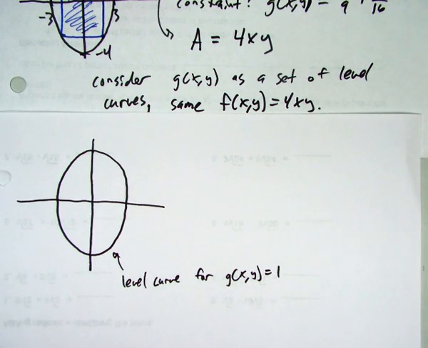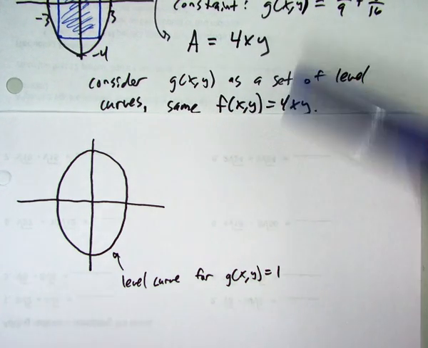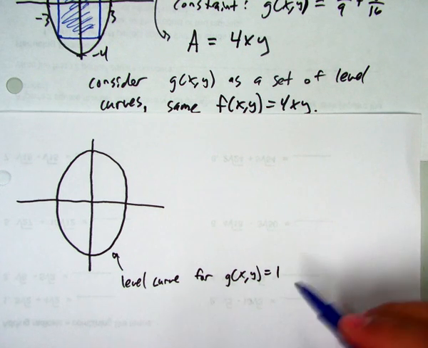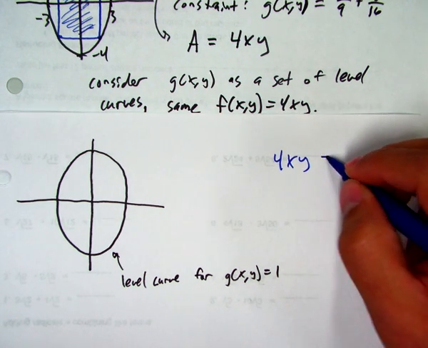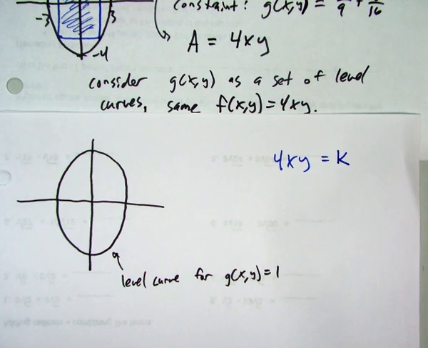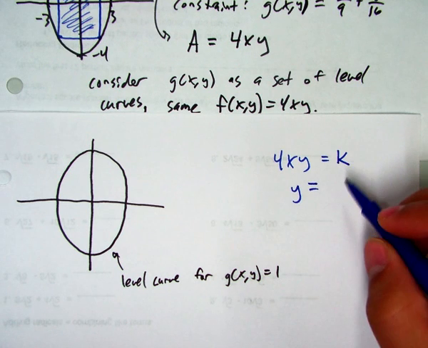for g of xy equal to 1. And now we don't really have any particular level curves for 4xy. So if we set 4xy equal to some constants, if I isolate y, we get that y is going to equal k over 4x.